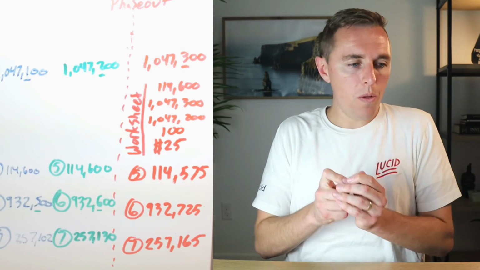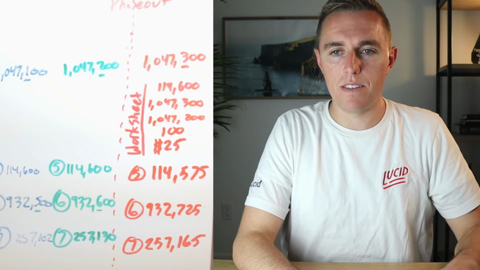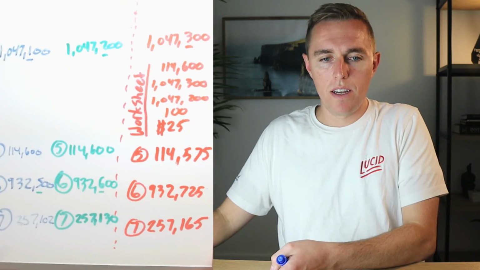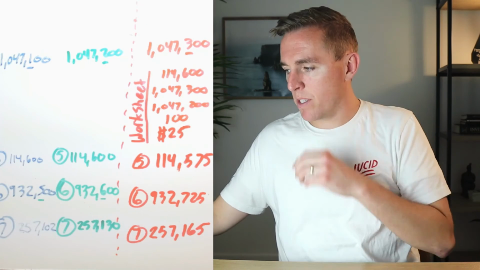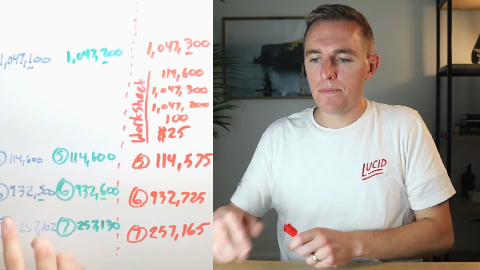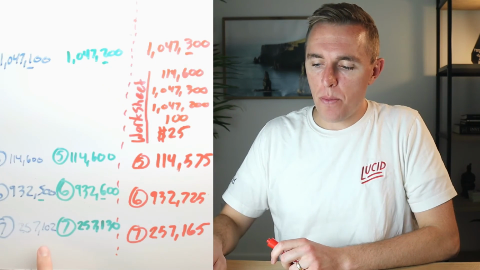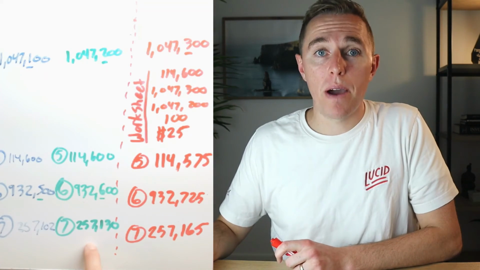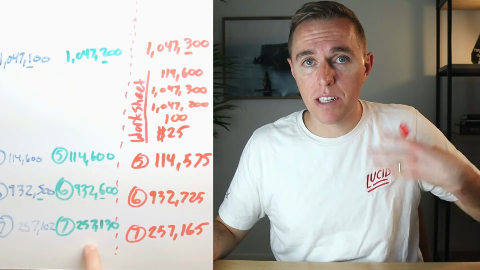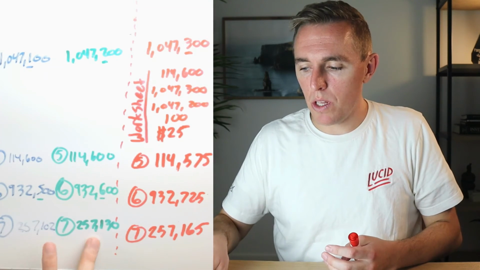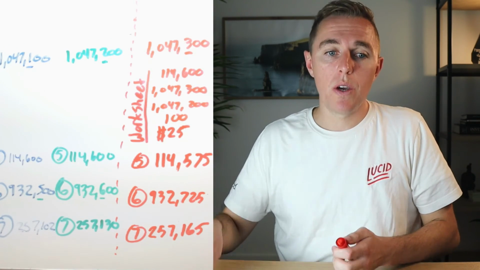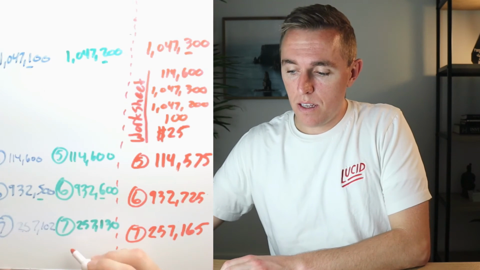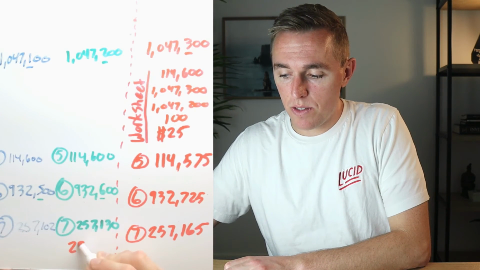So this is the kicker. This is the whole purpose of this video, is to show you this right here. We want to look at the difference between these numbers. So from here to here, we increased our income by $100. But how much tax did we pay on that? So we want to look at the difference between these two numbers, which happens to be $28.